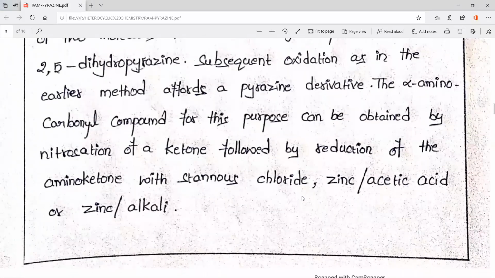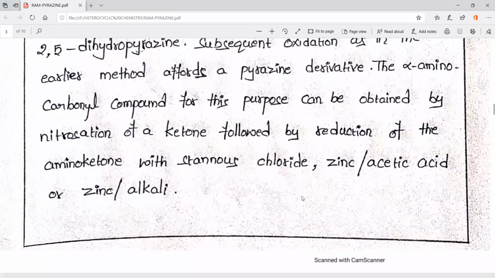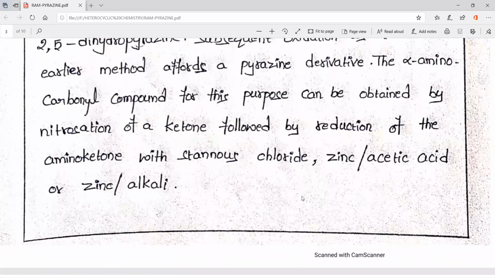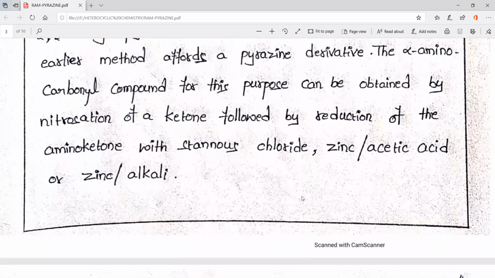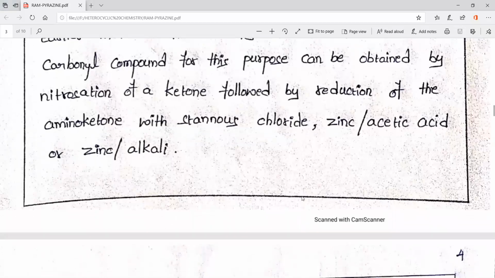The alpha amino carbonyl compounds used in this reaction have been obtained by nitrosation of ketones, followed by reduction of the nitroso ketone.